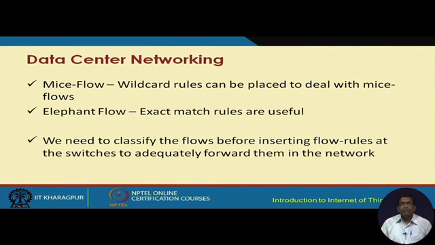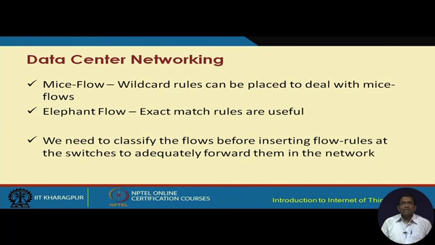We typically observe two types of flows. One is the mice flow, which are small flows, and the other is the elephant flow, which is large scale flows where big volumes of data are coming, while in mice flows small sized data are coming.